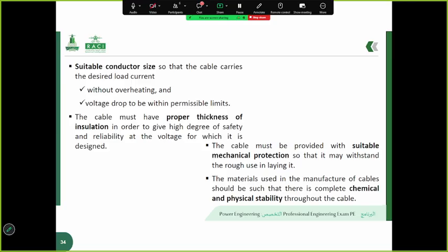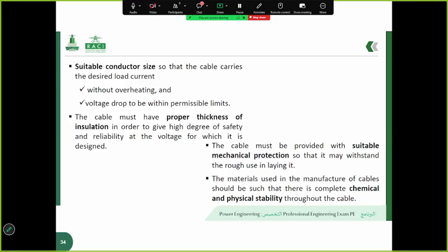Second, the cable must have a proper thickness of insulation. This is a direct measure of safety and reliability, as thicker insulation provides greater protection against electrical leakage and short circuit, particularly at higher voltage for which the cable is designed.